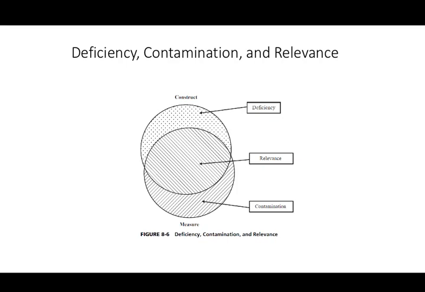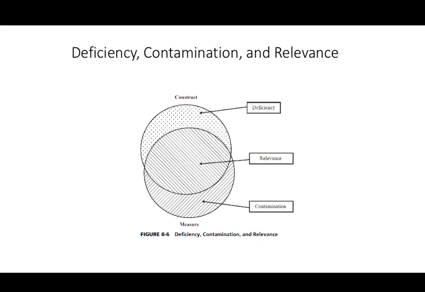The stuff where the two circles overlap is the relevance, where it is in the construct and it is in the measure, and those overlap well. So we know that the things that are in the construct are in the measure itself. And that's the relevance, and that's where the lines go from the upper left to the bottom right. And the goal is we want that relevance area to be as large, if not as large as the construct area, as possible.